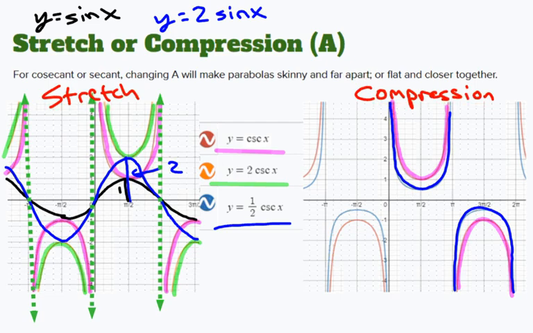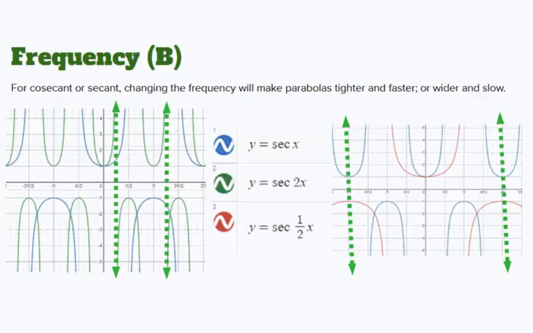I'm just coloring in, just sort of comprehending what that would look like. And again, I always have the before, the parent function, and the after, where we do that compression or stretch. The next one, I already have drawn in a little bit. B, we started off with the parent function in blue.